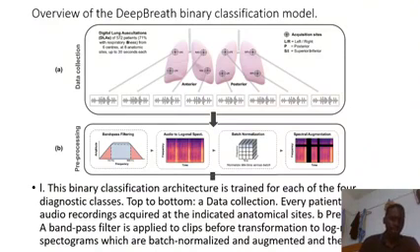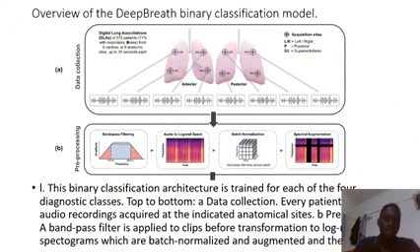This is the overview of the DeepBreath binary classification model. The binary classification architecture is trained for each of the 4 diagnostic classes, from top to bottom. First, in A, you have data collection, where they got recordings from 8 points of the lungs, from the anterior and the posterior, so they got the sound signals.